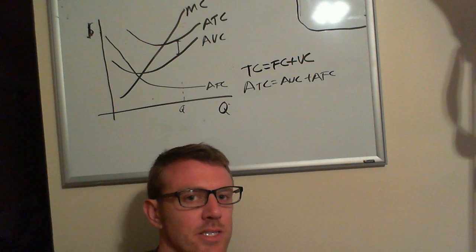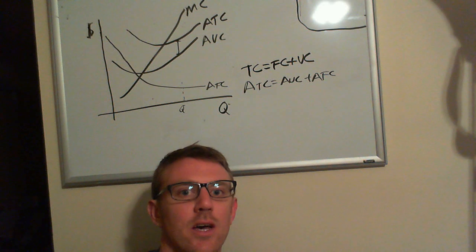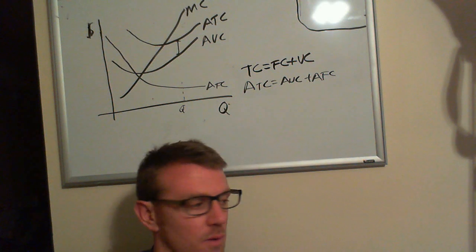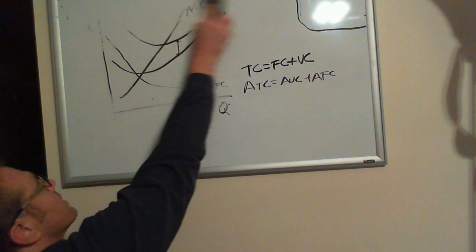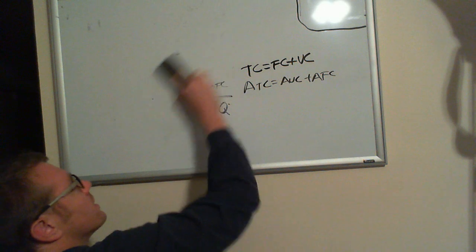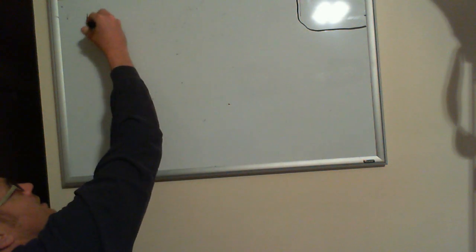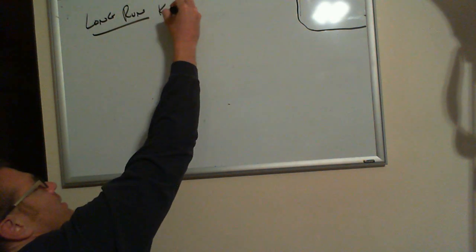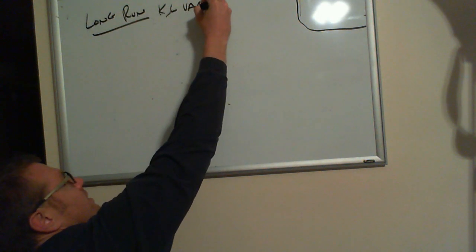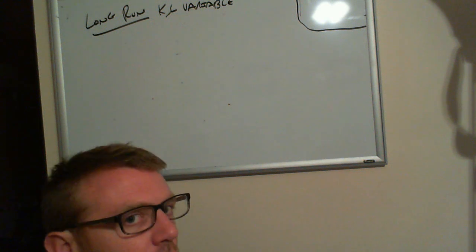And so what we're going to do next is differentiate short-run production decisions from long-run production decisions. In the long run, capital and labor are variable. So I know it's hard to see it there. So capital and labor, K and L, are variable.